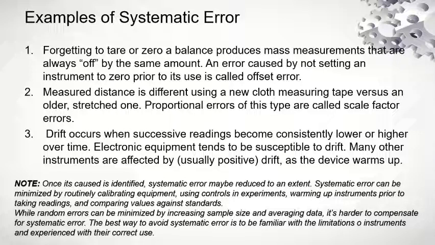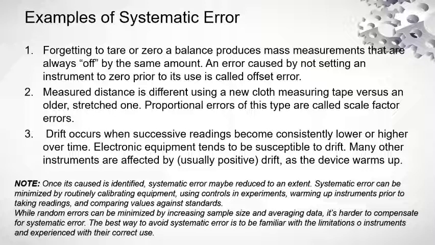Systematic error can be minimized by routinely calibrating equipment, using controls in experiments, warming up instruments prior to taking readings, and comparing values against standards. While random errors can be minimized by increasing sample size and averaging data, it's harder to compensate for systematic error. The best way to avoid systematic error is to be familiar with the limitations of the instrument and experienced with its correct use.